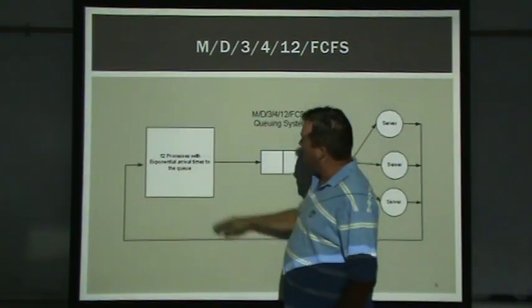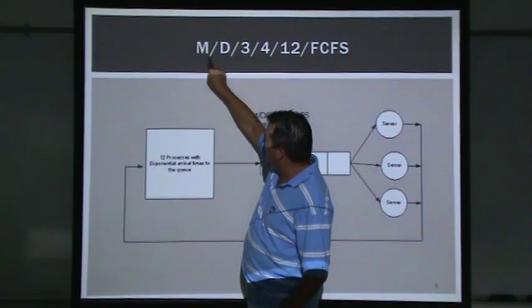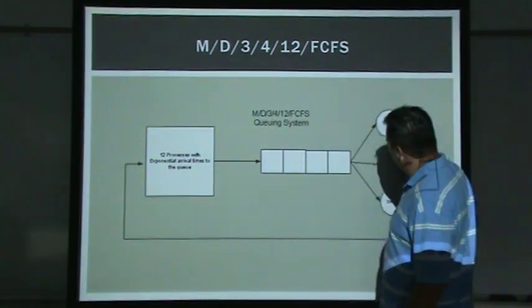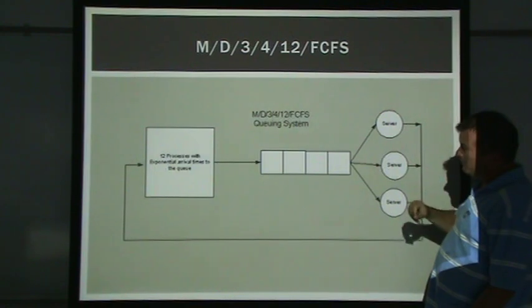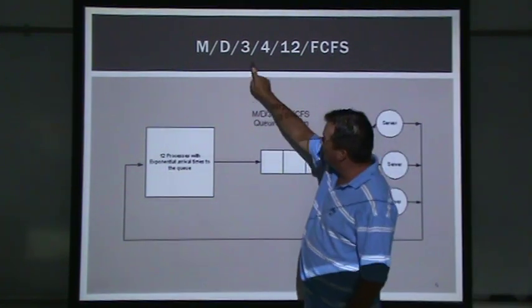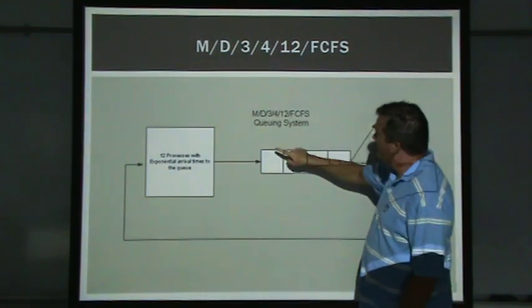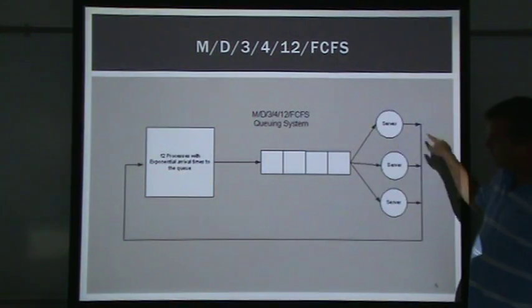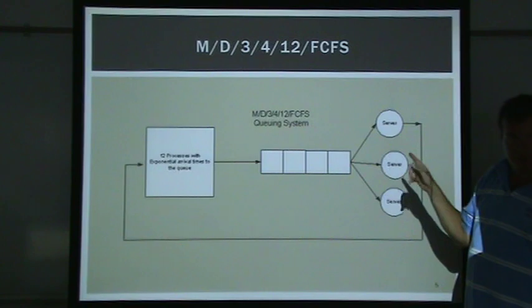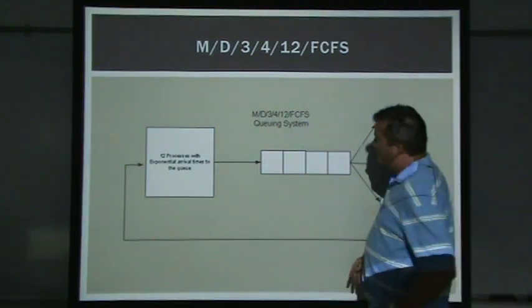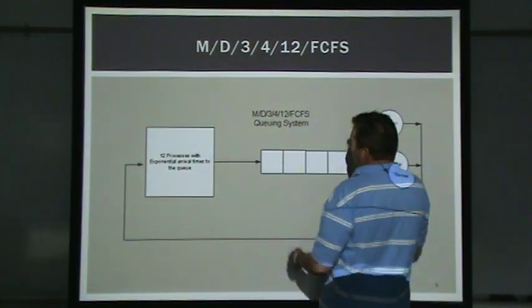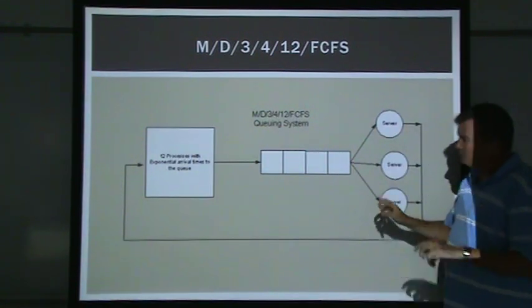So we could say the arrivals are Markovian, the distribution of the service times are deterministic. There are 3 servers. The queue has 4 seats in it. It's a closed system with a total of 12 processes going around and around. And when they arrive at the queue, they are processed first come, first serve.